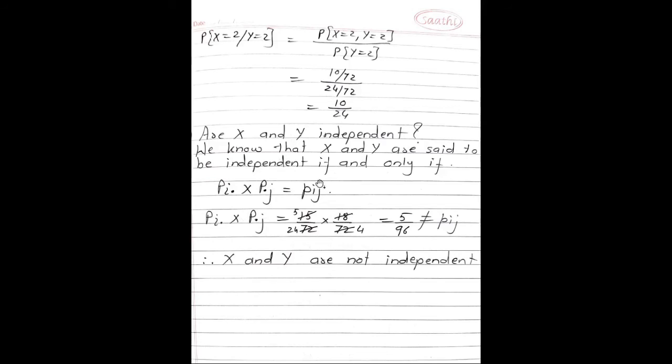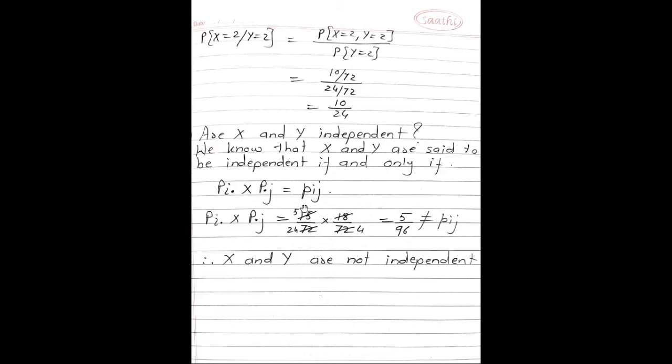If we are getting the respective probability, we say that x and y are independent. So marginal of y is 15 by 72. Marginal of x is 18 by 72. If we multiply these two values and get 3 by 72, then they are said to be independent.